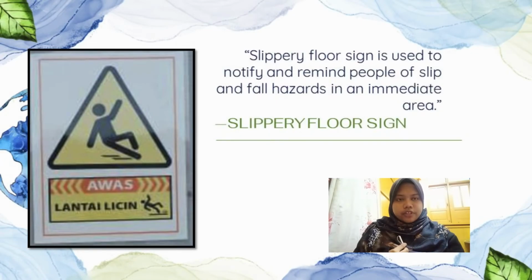One of the safety pictograms that we found in the hatchery is the slippery floor sign. The slippery floor sign falls under the physical hazard category, and this sign is used to remind or notify people about the slippery and fall hazard in the immediate area.